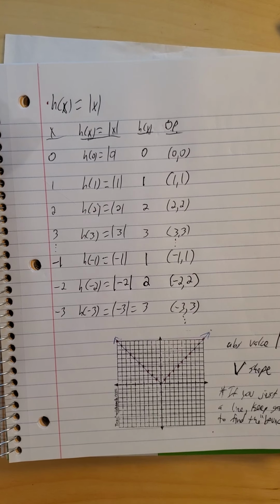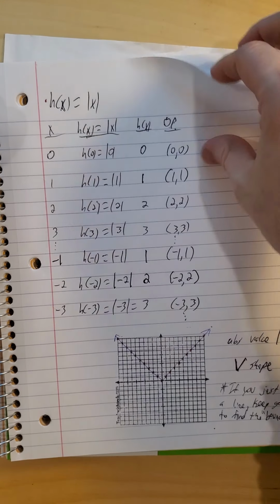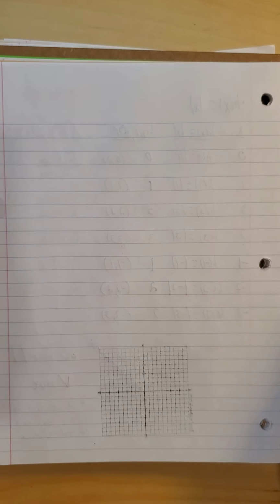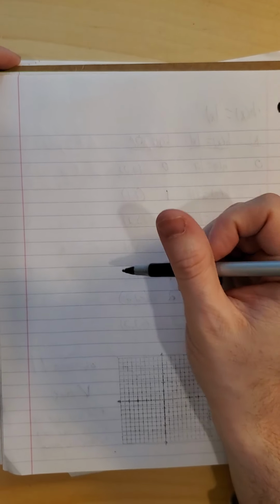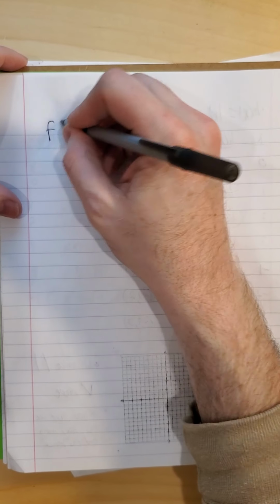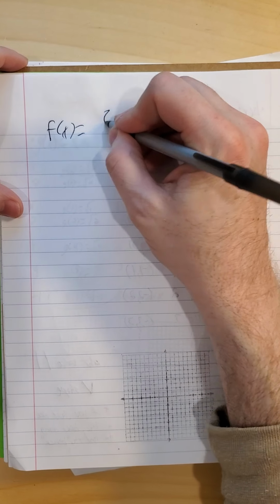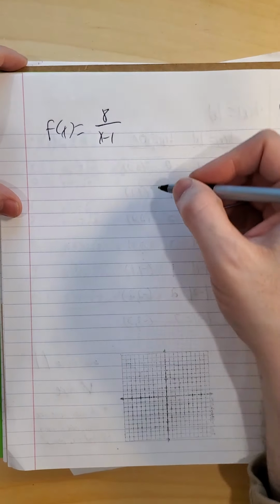Let's see, I want to look at one more of these. We're going to look at one rational function. And then we'll try some out with some other things happening to them. So we'll try out f of x is worth 8 over the quantity x minus 1.